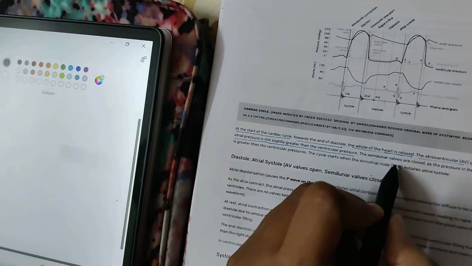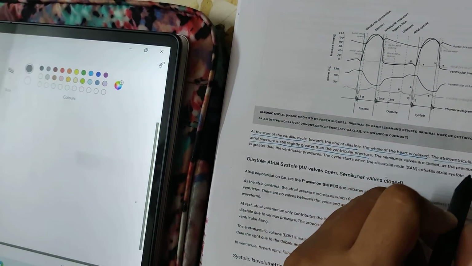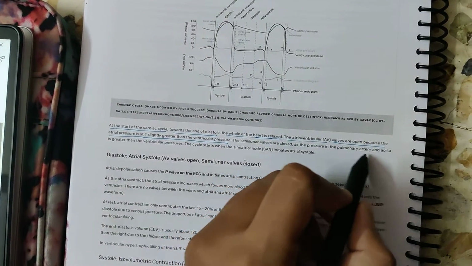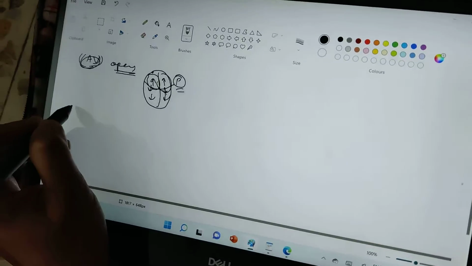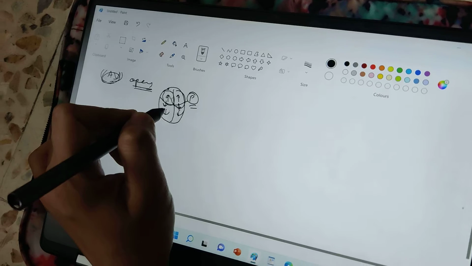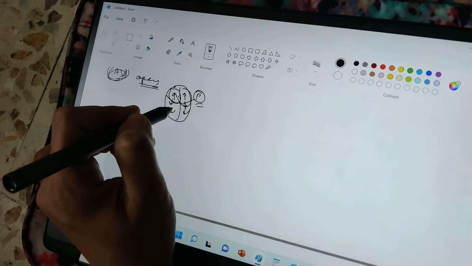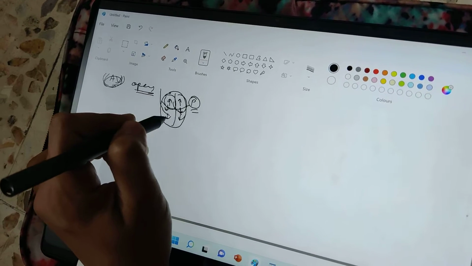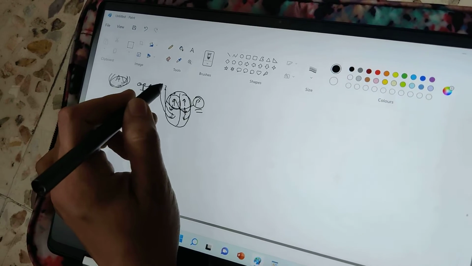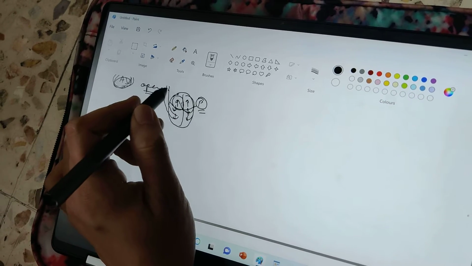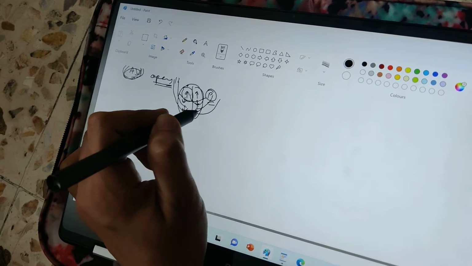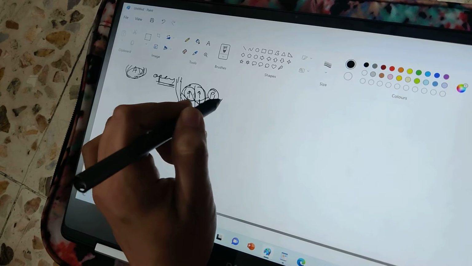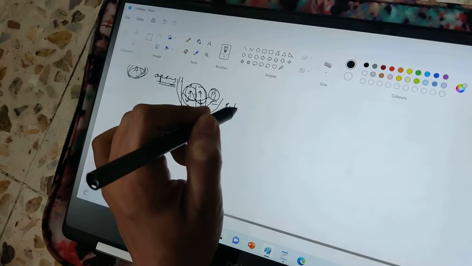The semilunar valves are closed as the pressure in the pulmonary artery and the aorta is greater than the ventricular pressure. The semilunar valves lead from the right ventricle to the lungs through the pulmonary arteries, and from the left ventricle through the aorta to the whole body.